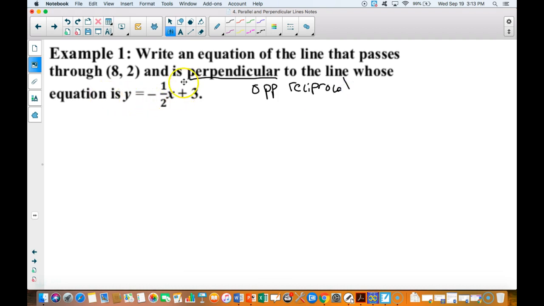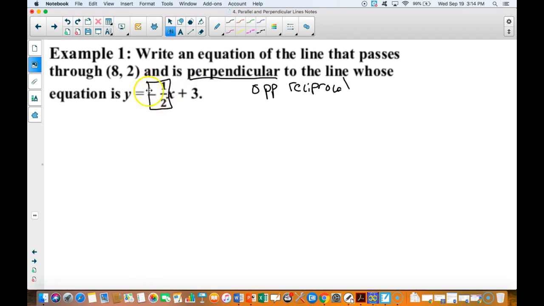If I look at this equation of the line, right off the bat, I can see that its slope is -1/2. Since this is in the form y equals mx plus b, my m is right here. That's my slope of this line. But if I want a line that's perpendicular to that, I need to take the opposite reciprocal.